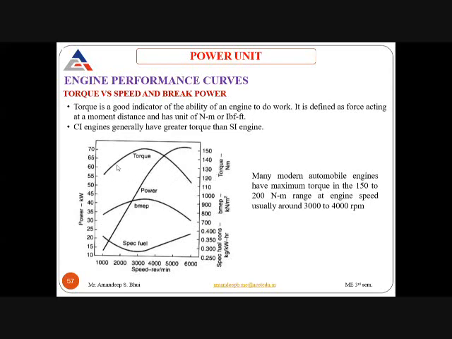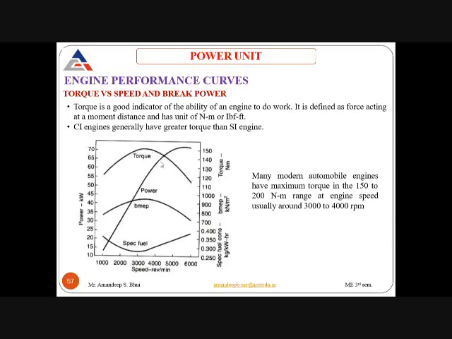As we increase the RPM, the value of torque increases, and at around 3200 RPM it becomes maximum, at 150 Newton meter, and beyond the 3200 RPM mark, the value of torque starts to decrease.